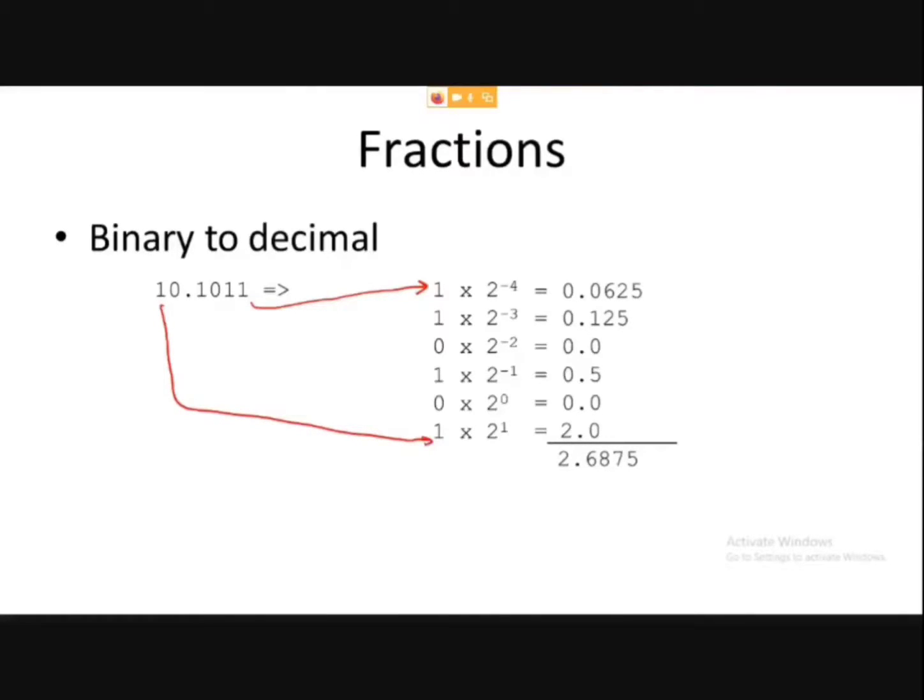Simply multiplying by the corresponding weights and then adding all these, we will get our final answer as 2.6875.